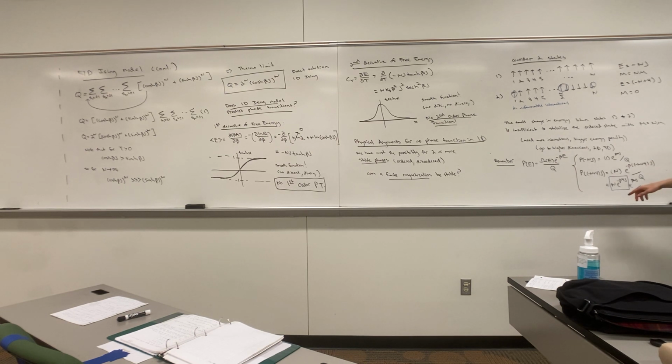So that means the ratio, if you say, what is the relative probability I have a system that looks like this, with this energy, this magnetization, compared to a system that looks like this, it's this factor. Right? Everyone agree with that? And that means that I don't care what beta and J are. In the limit n goes to infinity, this is always going to be infinitely more probable than this. Right?